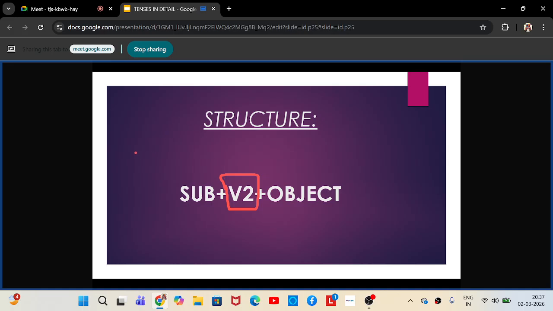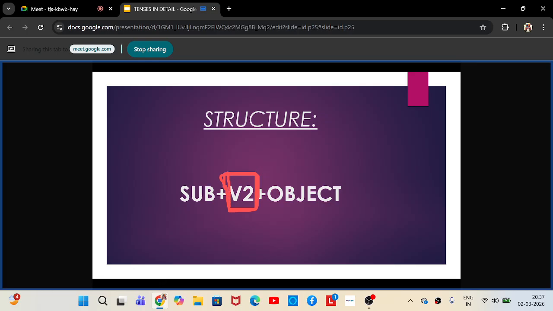Also, one important point for you. The V2 form is used only in the simple past tense. In other words, I can also say simple past tense is the only tense that uses the V2 form of the verb. Okay? V2 will not come in any other tense from now on.